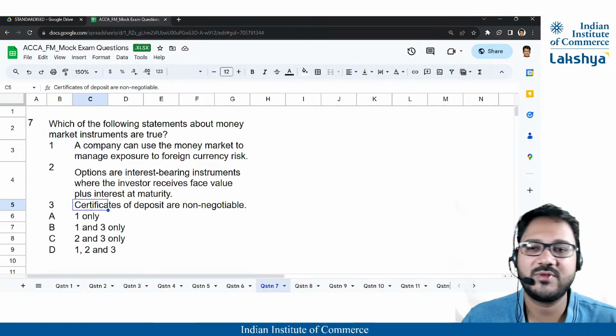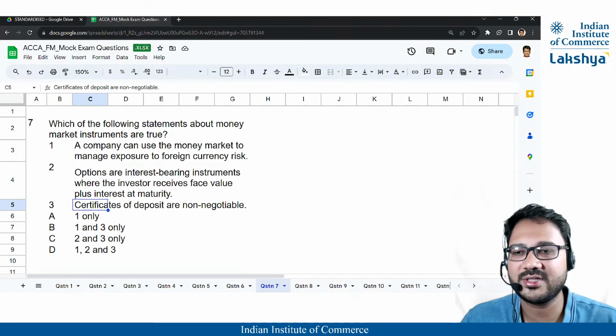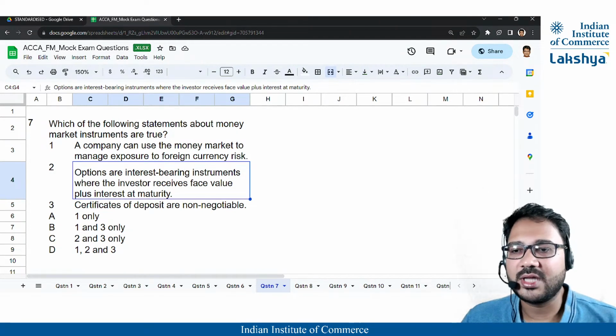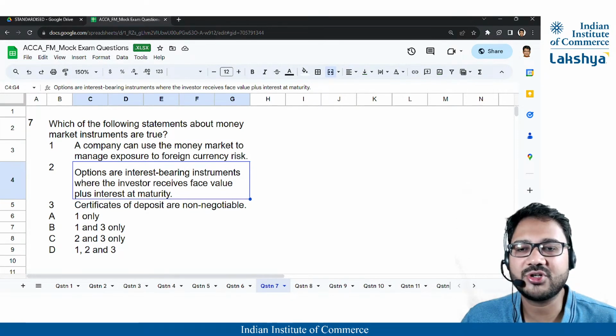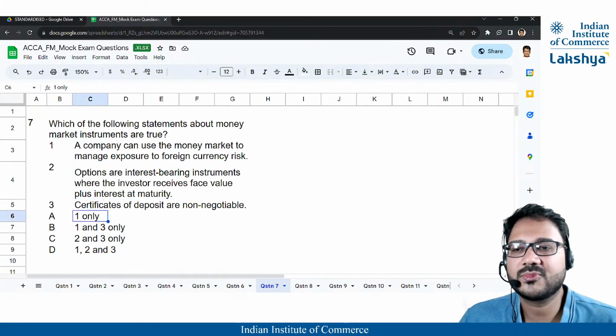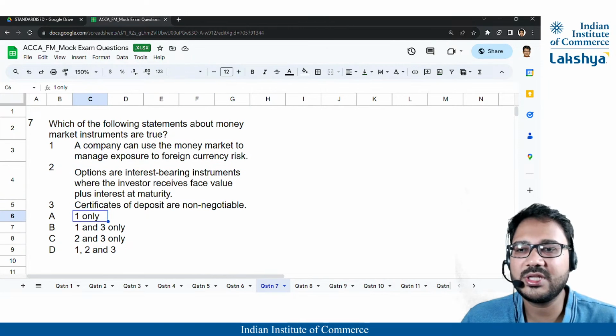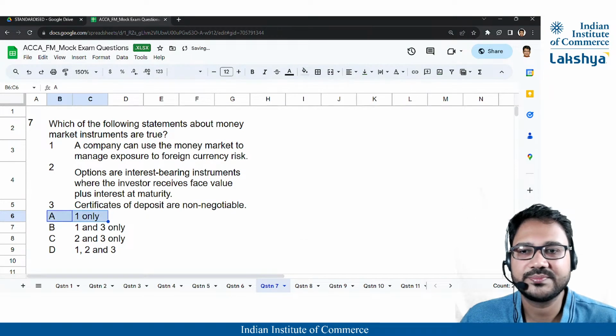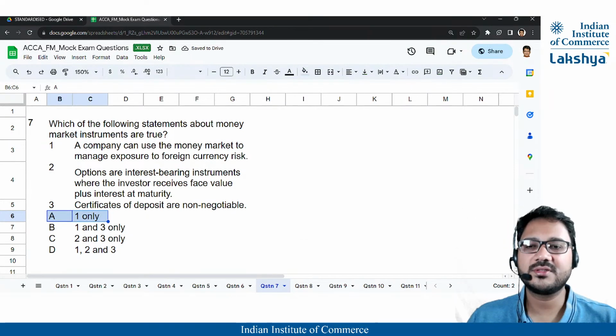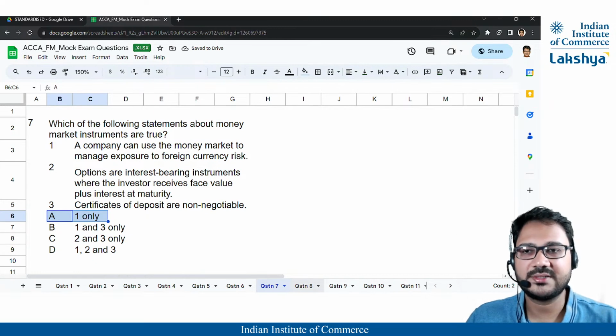In the markets, you can negotiate a rate. So options being interest bearing instruments is again incorrect. Statement 1 seems the only one to be right, so it's option A.